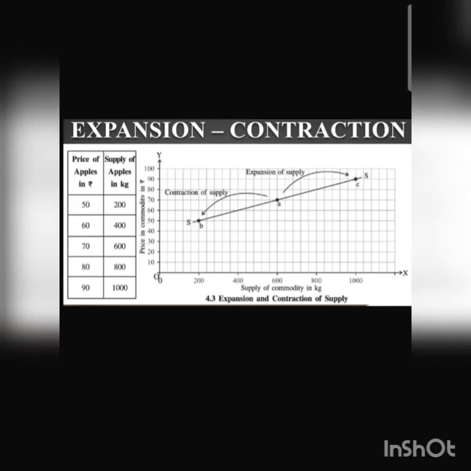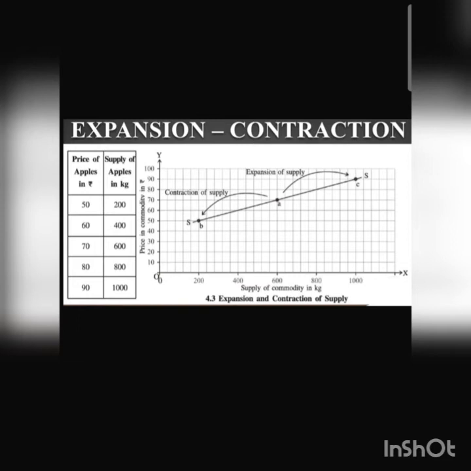Whenever a question comes related to the expansion and contraction of supply, keep in mind that because of changes in the price there is an expansion and contraction, and all the other factors remain constant. Suppose it is stated in a table and a diagram is shown to you.